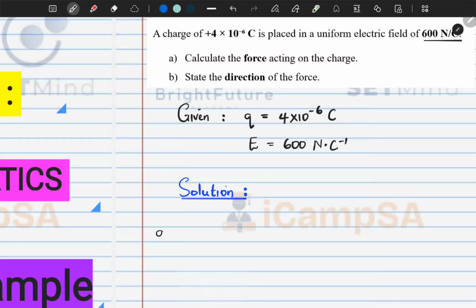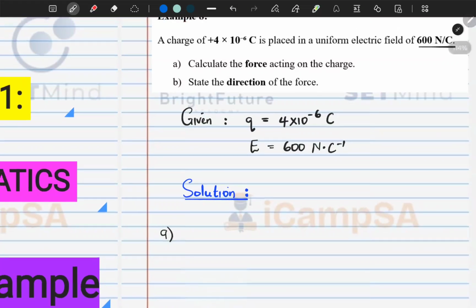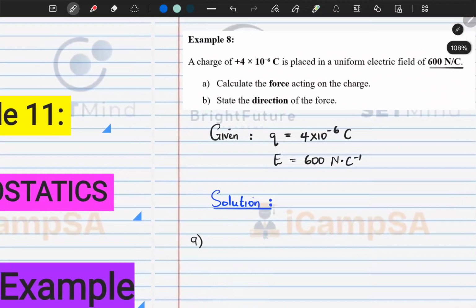So let's get to it. For A, if we want to find the force acting on the charge, we have to relate the electric field and the charge, which is the information that we're given. One formula that can do that for us is E is equal to F over Q. Some textbooks write it as E is equal to F over big Q. So this Q could be the big one or the smaller one.